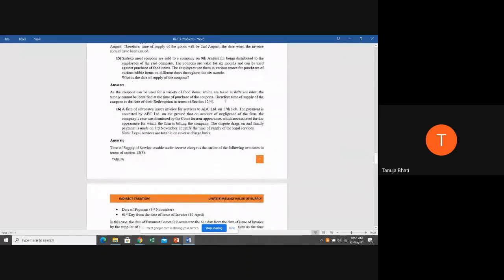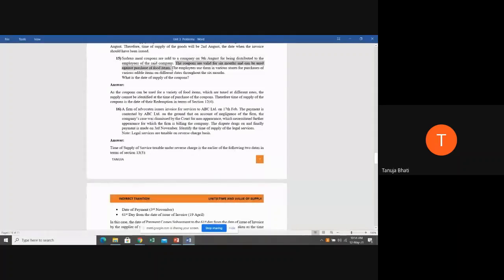Let us move ahead to problem number 15. Sodexo meal coupons are sold by a company on 9th August for being distributed to employees of the said company. So the date of issue of coupons is 9th August. The coupons are valid for 6 months and can be used against purchase of any food item, students.